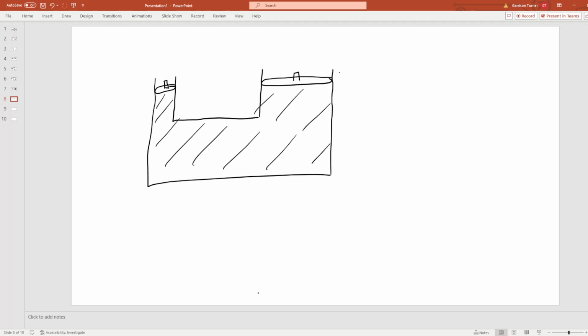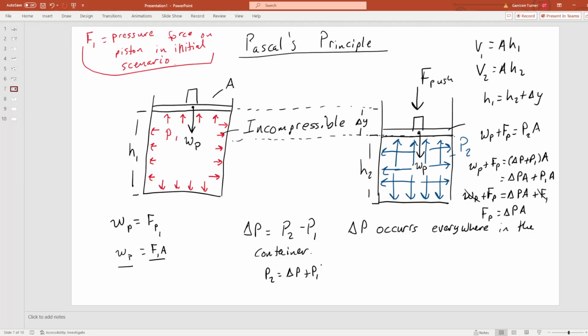What's going to happen if I exert a downward force on this particular piston? From this slide, we can see that I don't care what the original pressure was. All I'm concerned with is the change in pressure that will occur everywhere.